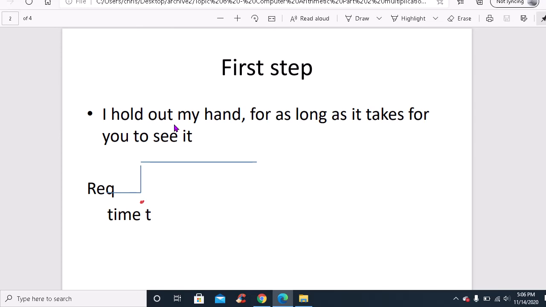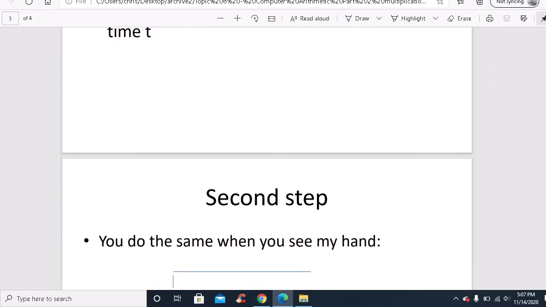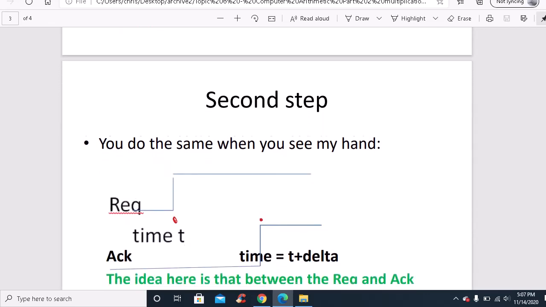So I'm just going to hold it out for as long as it takes for you to see it, and you will see it eventually. Right, so from a logic point of view, I can send you a request by changing this signal from 0 to 1 and keeping it at 1 for an indefinite amount of time. I just want to tell you that I want to talk to you or want to ask you to do something.